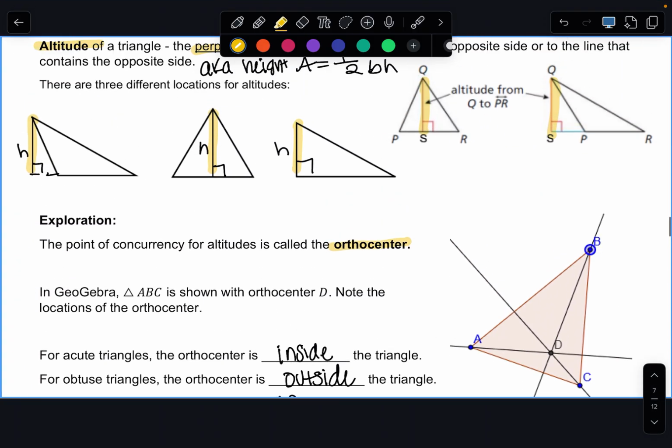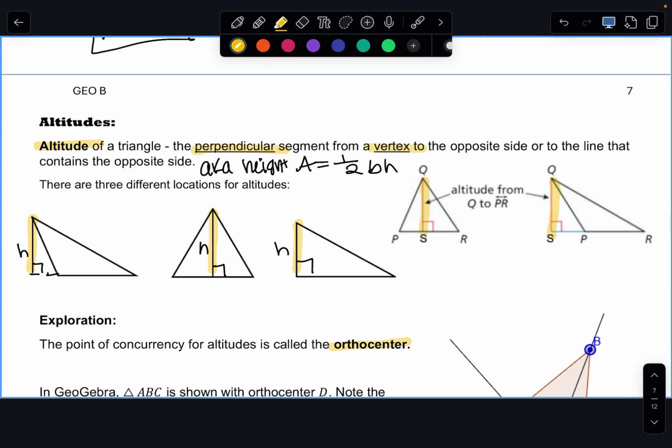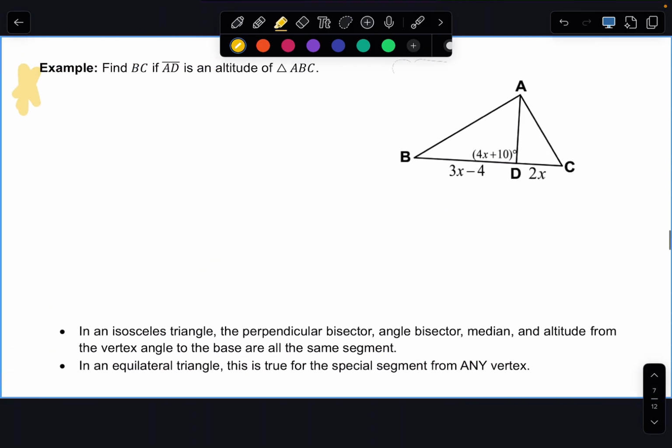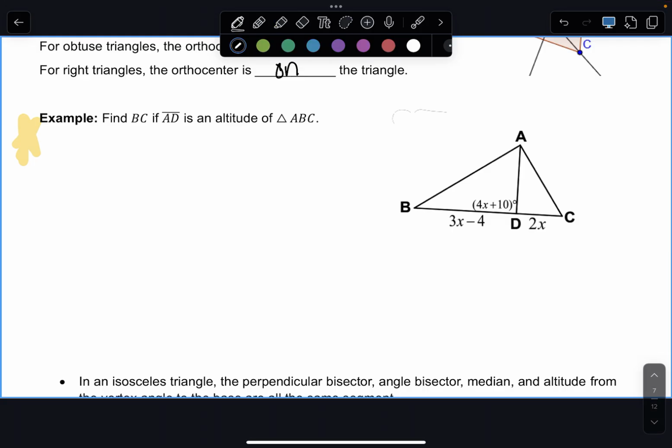Okay, let's remind ourselves what altitudes are. Altitudes are perpendicular and they hit a vertex. Can someone remind me what perpendicular is? If AD, my altitude, is perpendicular to BC, what's special about this angle right here? What type of angle do perpendicular lines make?